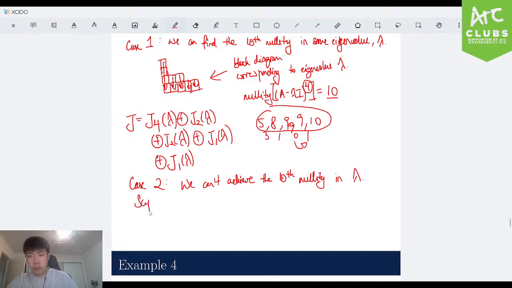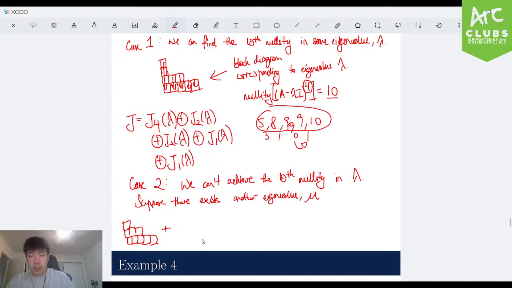So suppose there exists another eigenvalue, mu, okay? Which means that our block diagram won't just be one block diagram anymore. It will be composed of this one here, the one that we already know of. Okay?